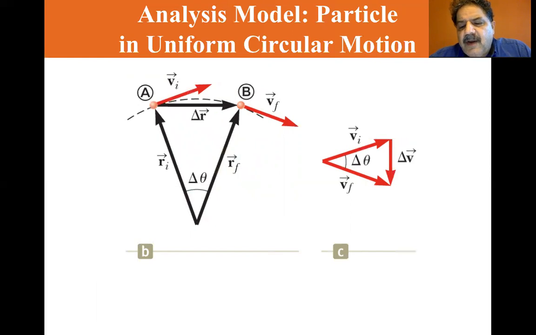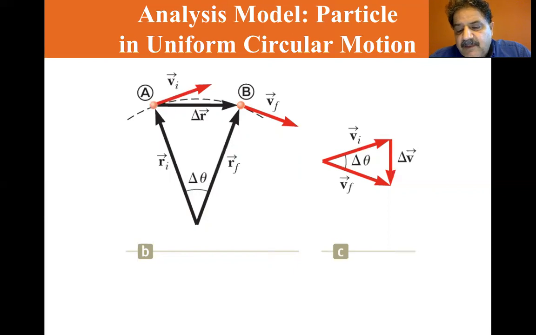Let's consider the diagram of position and velocity vectors. Figure B below, that's the black position vectors and the red velocity vectors. The particle follows a circular path, the dashed curve of radius r. The particle at point A at time ti has a velocity at that time v sub initial.